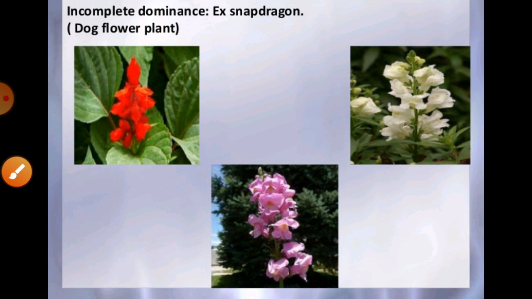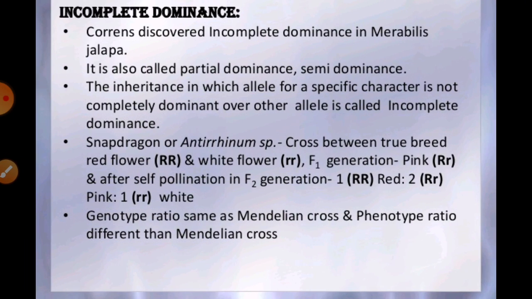Generally we can say this is a hybrid flower, but it can be because of incomplete dominance. Means there is a process that is called incomplete dominance. First of all, know what this incomplete dominance is.